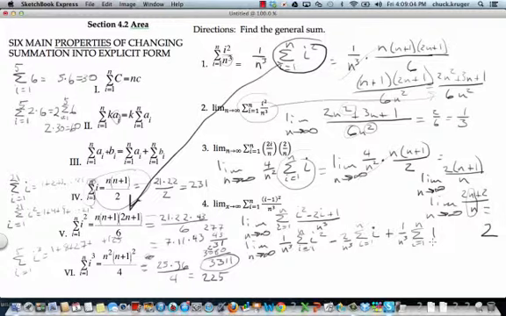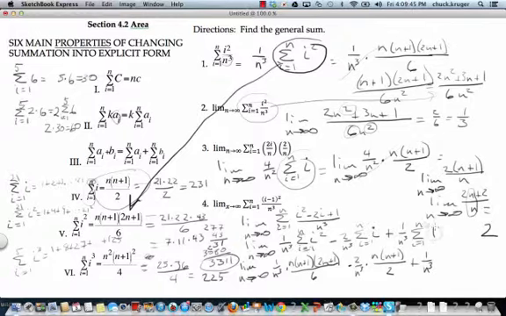All right. So again, I have values for each of these. The value for this one, I've got 1 over n cubed times n times n plus 1 times 2n plus 1 over 6, minus 2 over n cubed times n plus 1 over 2, plus 1 over n cubed.